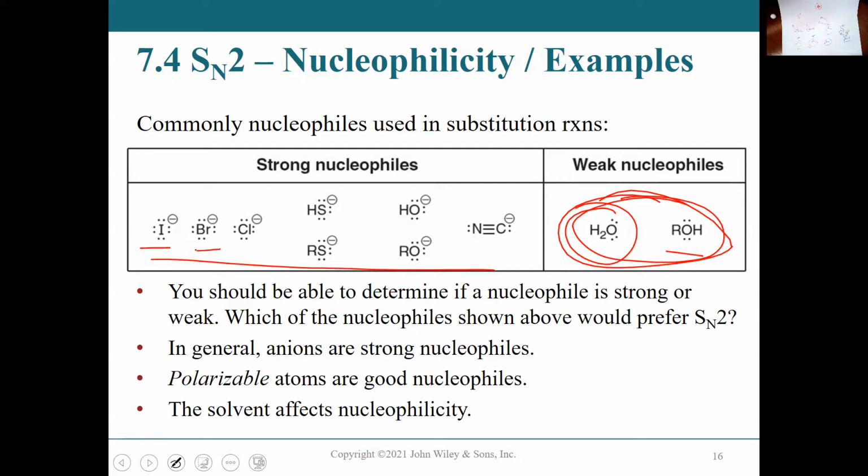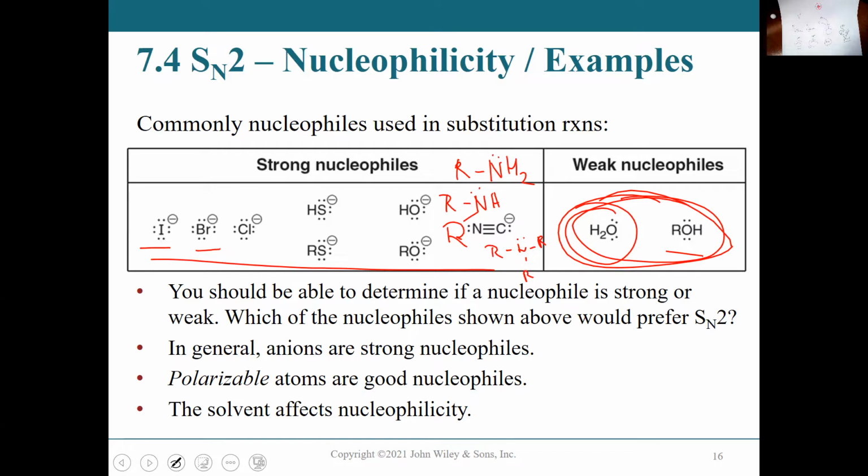This table is missing one nucleophile that I use a lot: the amines, RNH2, and any type of amine, RNH2, R2NH, and tertiary amines as well, R3N. I like to use those as nucleophiles.